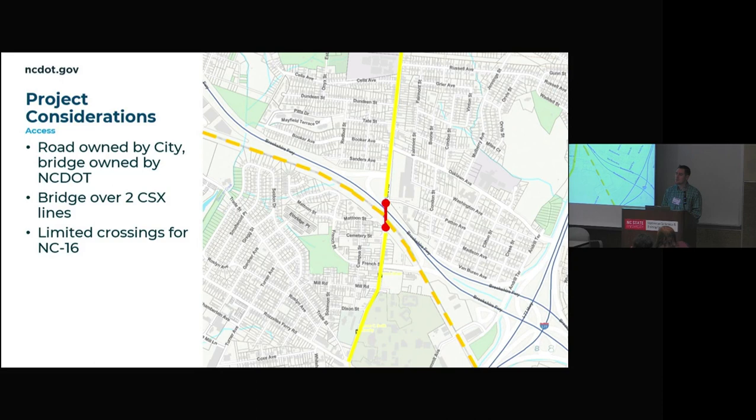The road itself is owned and maintained by the city, but the bridge is a responsibility of the NCDOT. It goes over 2 CSX spurs, which you can see in the dashed yellow line. It is also one of the limited crossings for that area over NC 16.